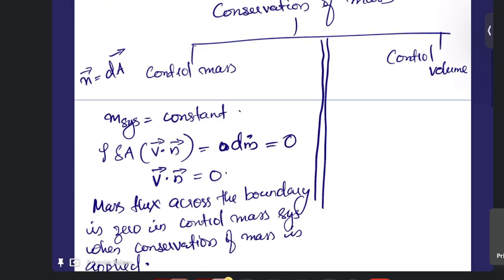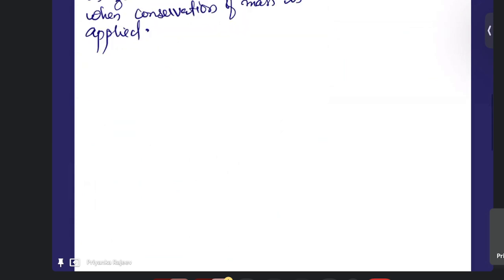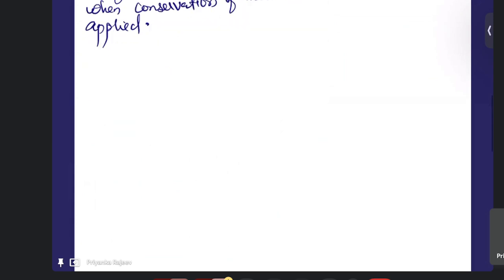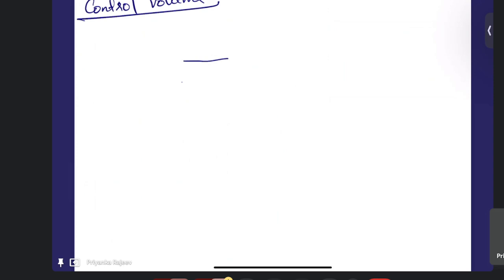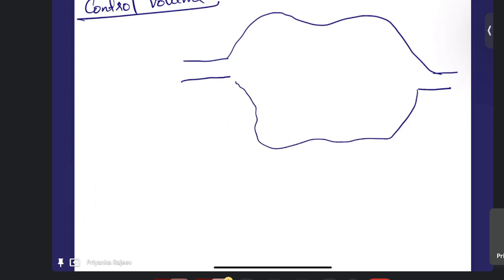Now you have the control volume approach. For that, we have to think elaborately, so I'll take this as a separate section. Control volume. There is this diagram, so this is a boundary of a system.